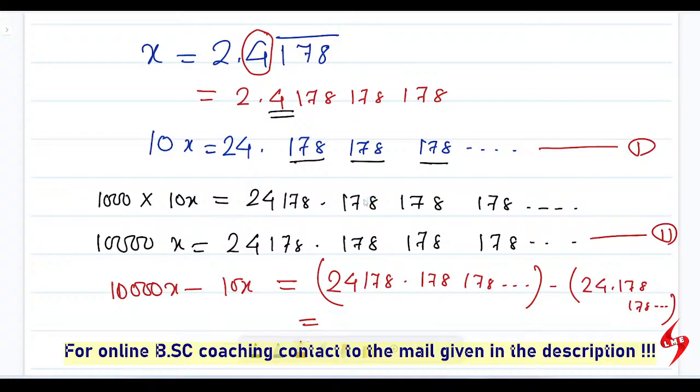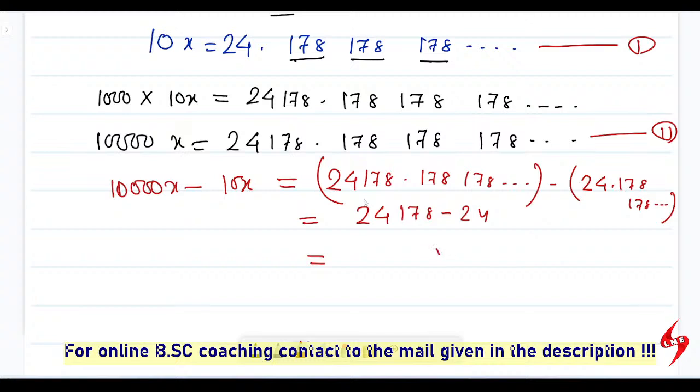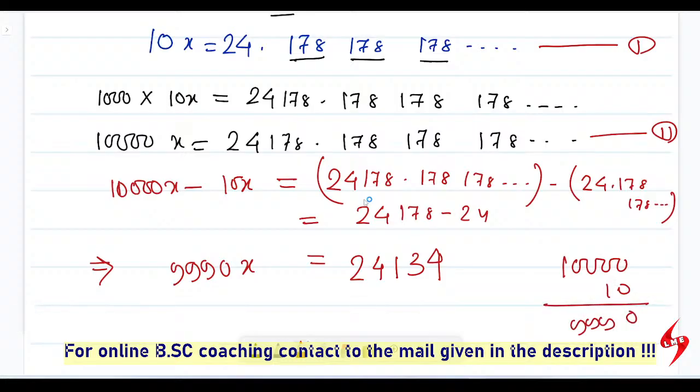So the decimal portion will be deleted, and here it comes as 24154, and here it is 9990. Okay, that will be my x, I guess.